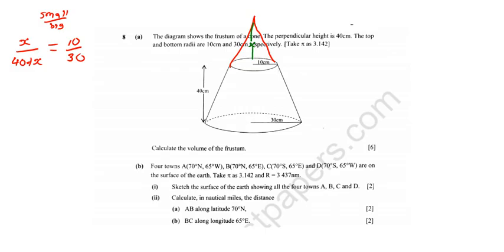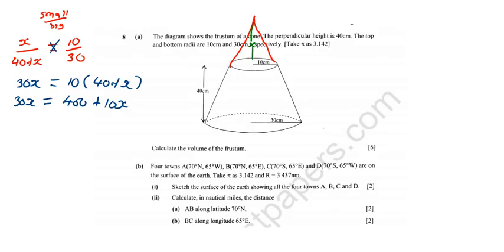Like that. So I can cross multiply. Cross multiplying, it will be 10 times 40 plus x, equals x times 30. I'm getting 30x is equal to 10 times 40 plus x. So it will be 30x is equal to 10 times 40, I'm getting 400, plus 10 times x, it is 10x.